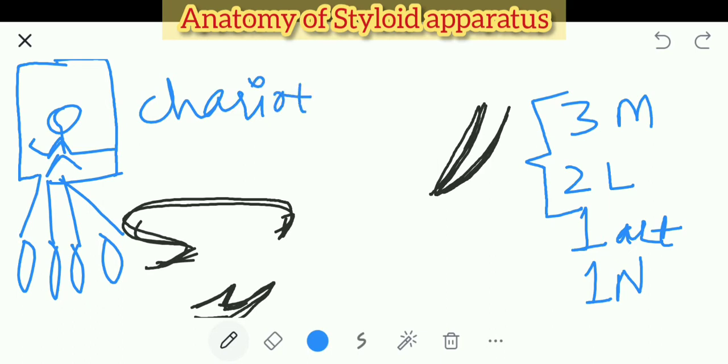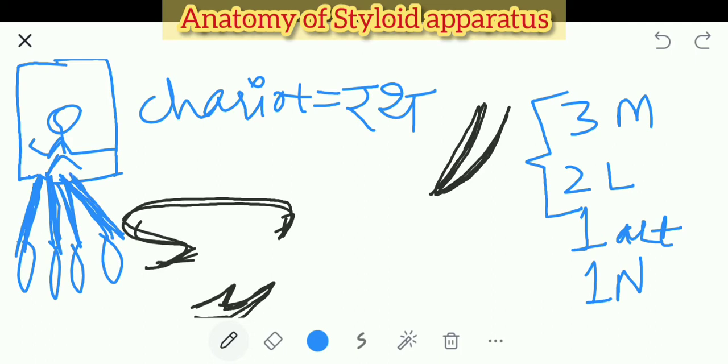And these are the reins, the rope you use, that is called the rein. Now here you can see four reins in this diagram, but this styloid apparatus is a chariot which has five.